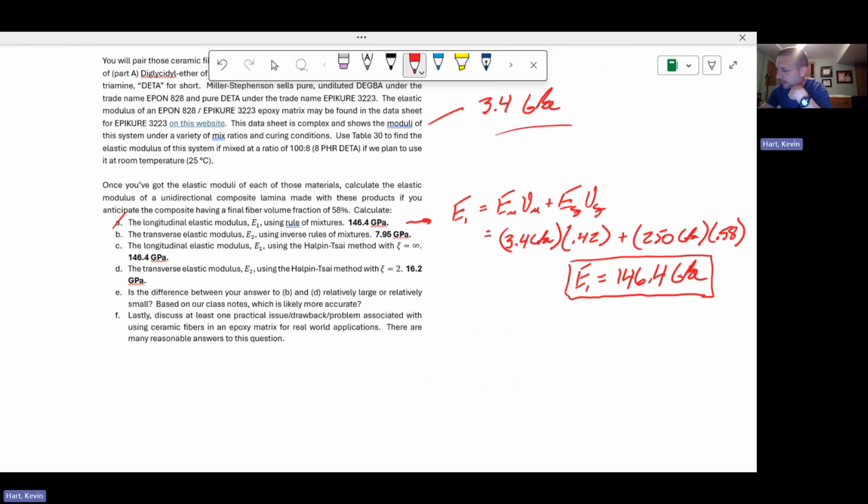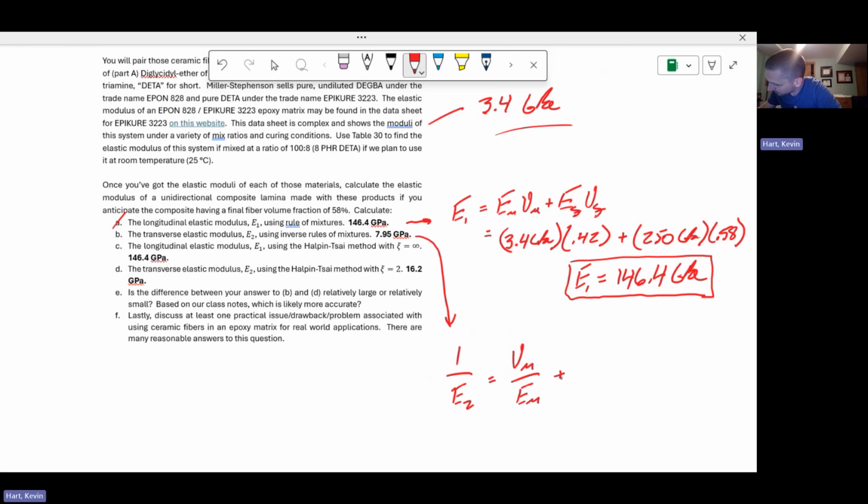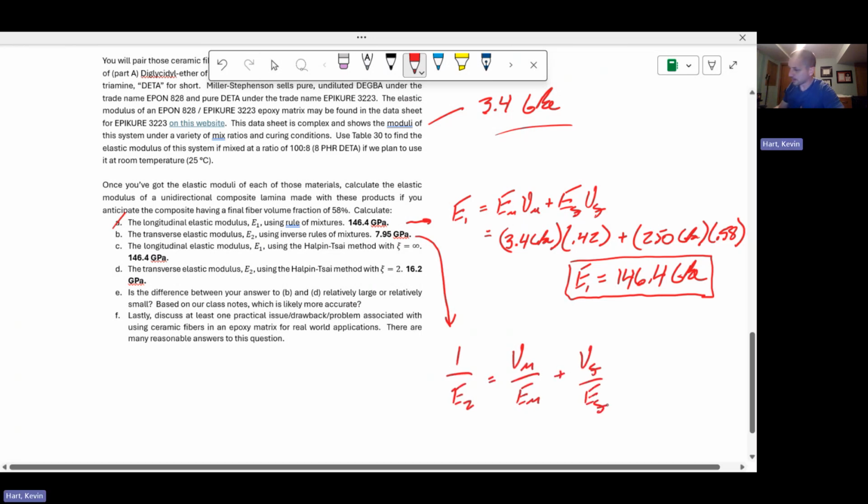A is done. B, transverse elastic modulus E2 using inverse rule of mixtures. All right, so now we want the inverse rule of mixtures. So what that looks like: 1 over E2 is VM over EM plus VF over EF. Okay, this is the inverse rule of mixtures for the transverse elastic modulus.